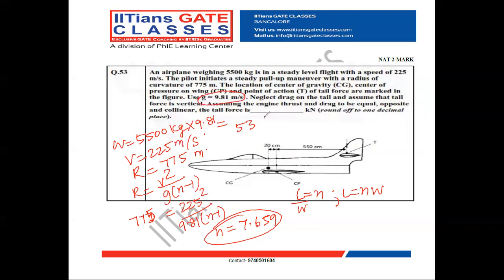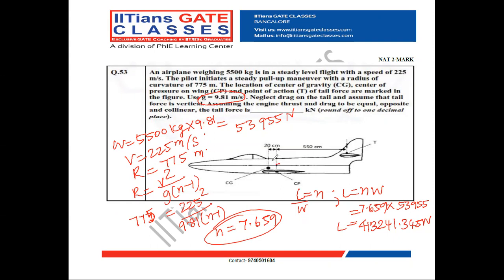So it is 53955 Newtons. Substituting 7.659 into 53955, I get lift equal to 413,241.345 Newtons. This is the lift force acting on the wing.